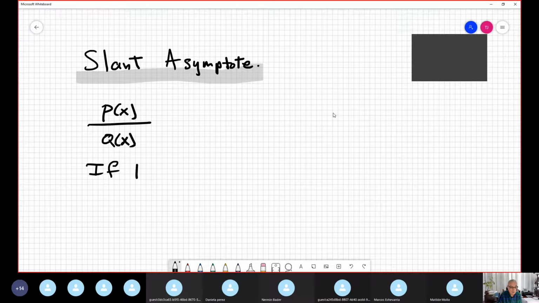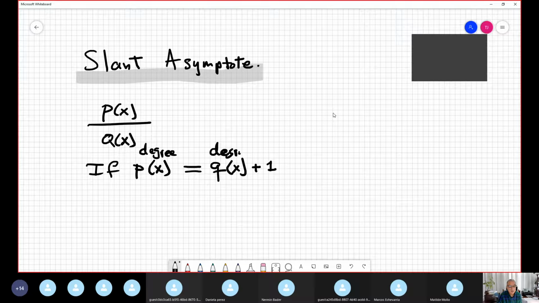If the degree of P is equal to the degree of Q plus 1, that is the only condition that we have a slant asymptote.